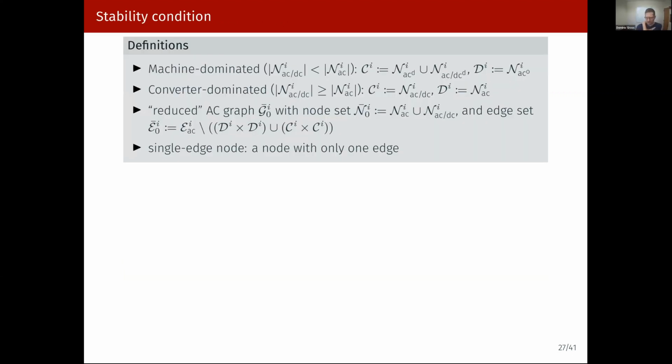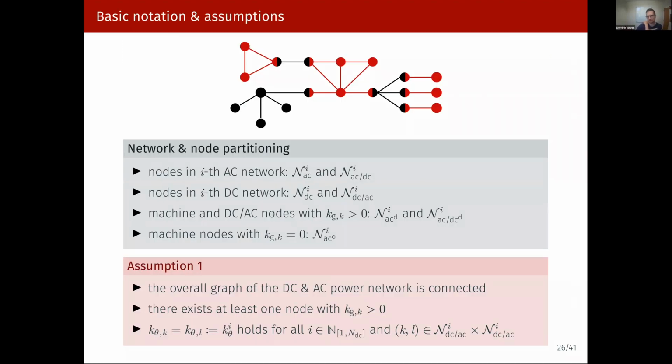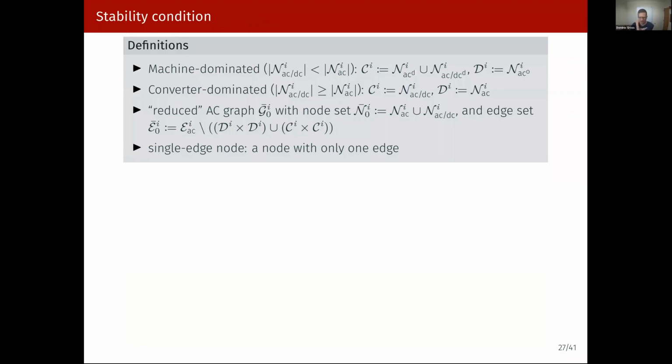And then from there on out, the main question is the AC system in question, so all of these red parts here, those are what we need to look at. Is it machine dominated, so does it have more machines than converters, or is it converter dominated and has more power converters than machines? And for both of these cases, we can basically cut up the AC nodes into different sets.